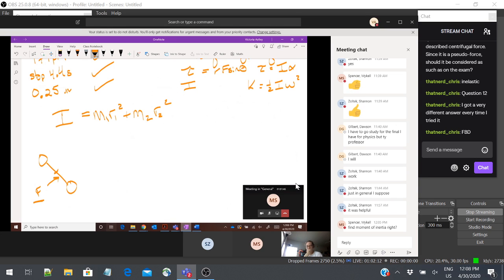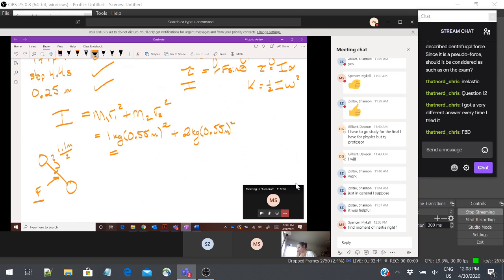So our moment of inertia: 1 kilogram times r, the distance from the center. If it's 1.1 meters long, then r is 0.55 meters, squared. And then 2 kilograms times 0.55 meters squared.